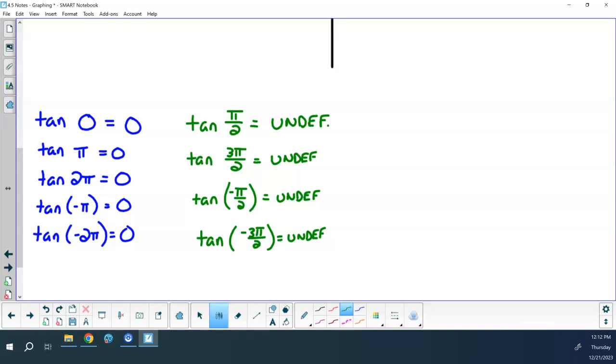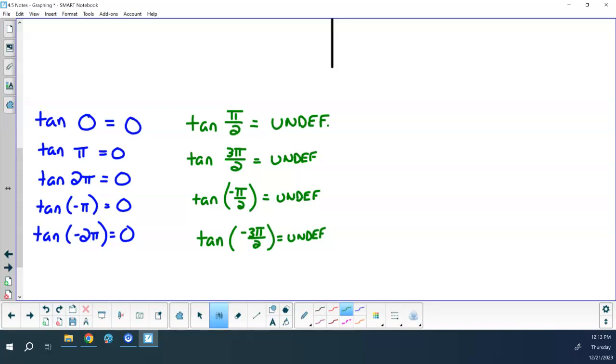So what do we put on a graph in a spot where it's undefined? What do you got, Addie? A line. What kind of line? A vertical line. What kind of vertical line? That is the Department of Redundancy department. It's an asymptote. It's a dashed line.